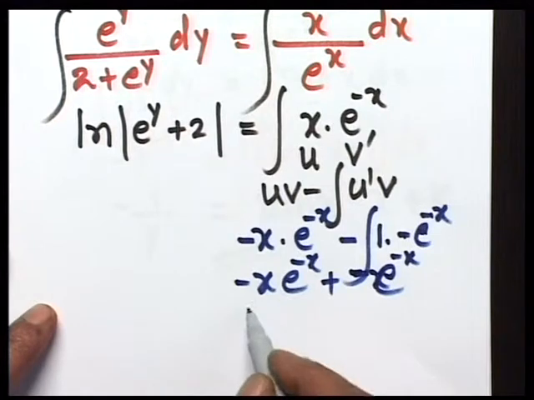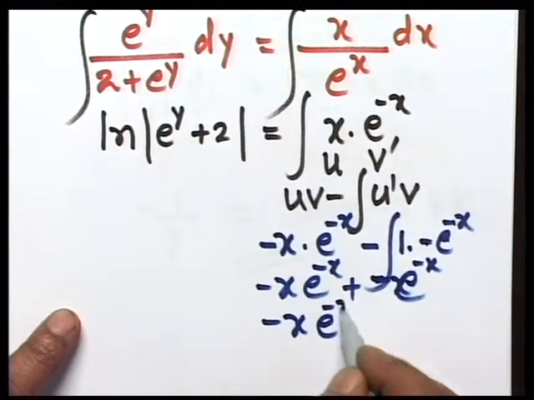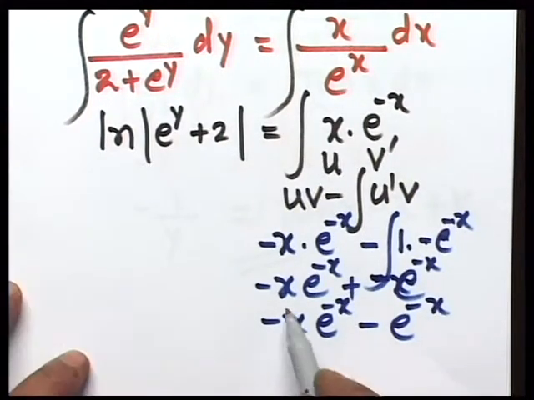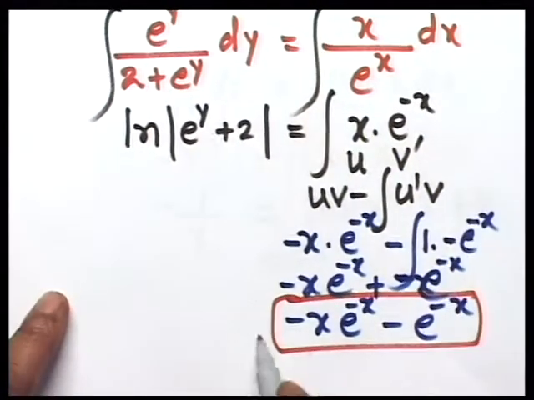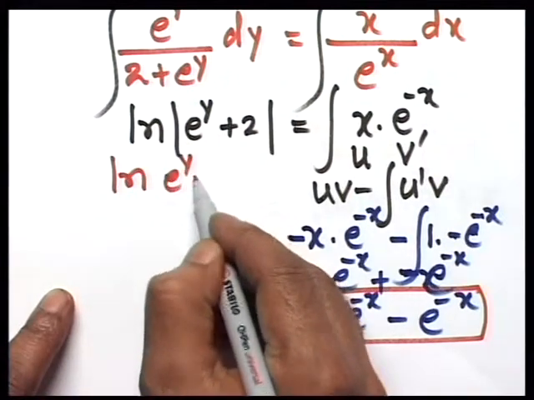Integration, please. So the final step here is actually minus x e to the minus x minus e to the minus x. That's what we have. That's integration by parts of that sum there. Left hand side we know is ln of e to the power y plus 2.